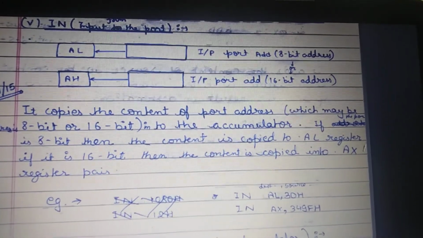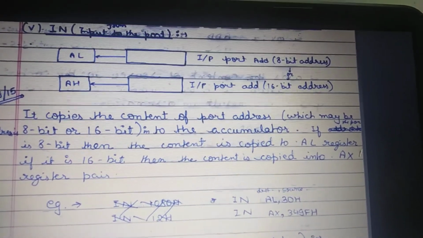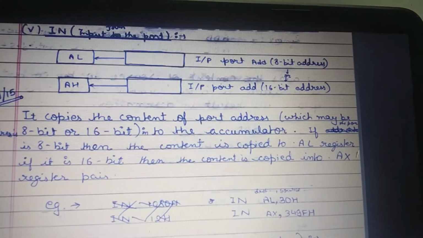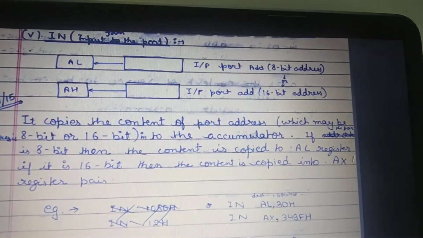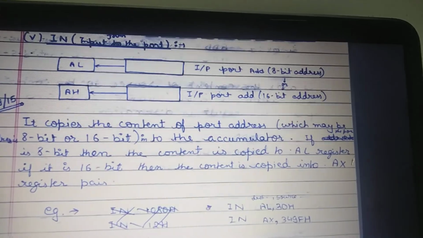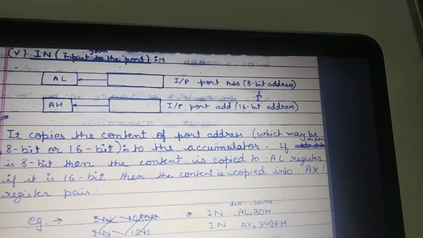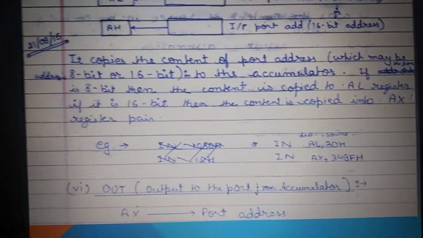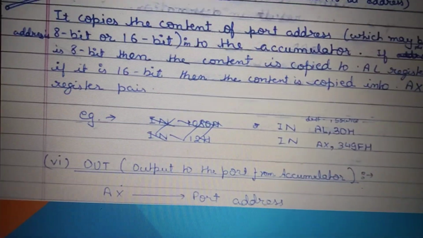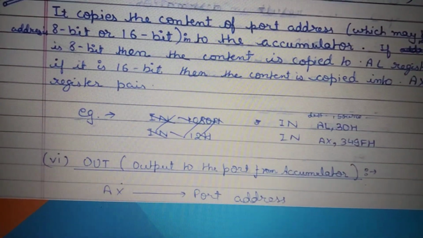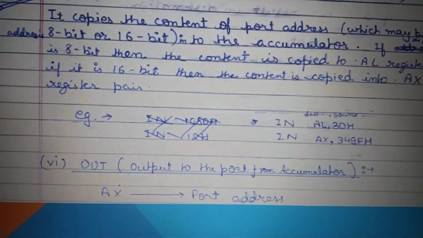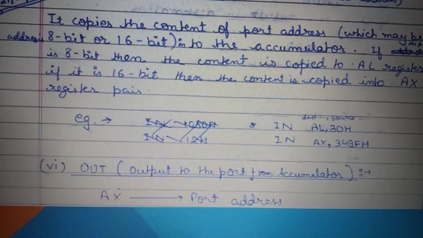Here the content of port 349FH will be transferred to AX, which is a 16-bit register. Opposite to this instruction is the OUT instruction. This instruction copies the content of the accumulator and transfers it to the corresponding port address.